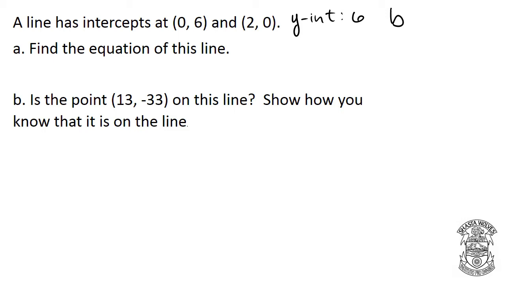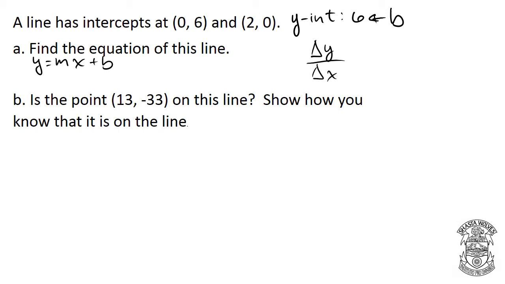Remember, the standard equation of a line, or slope-intercept form, is y equals the slope times the value of x plus b, the y-intercept. Well, I already know b is equal to 6. The next thing that I need to do is find the slope. And slope is change in my y's over the change in my x values.